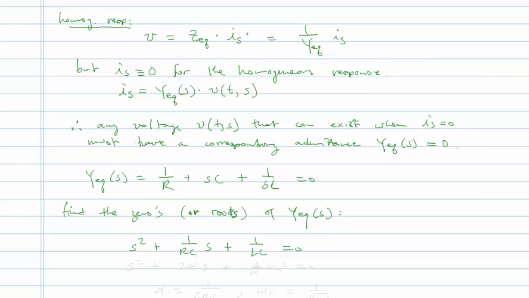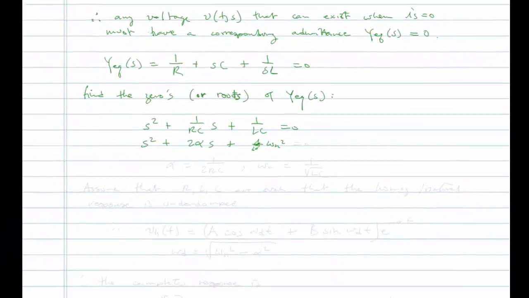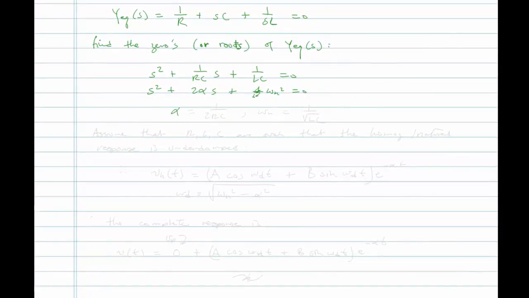And then we put this into the standard form, S squared plus 2 alpha S plus omega n squared. So this leads to an alpha equal to 1 over 2RC, and an omega n equal to 1 over the square root of LC.